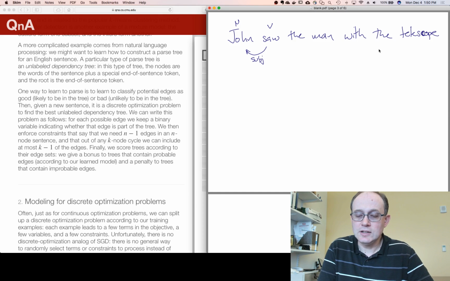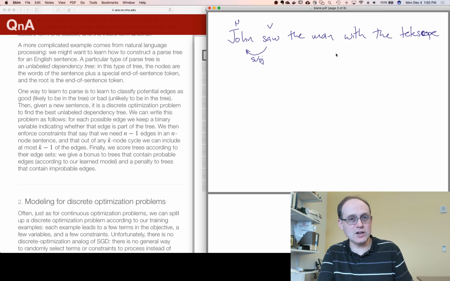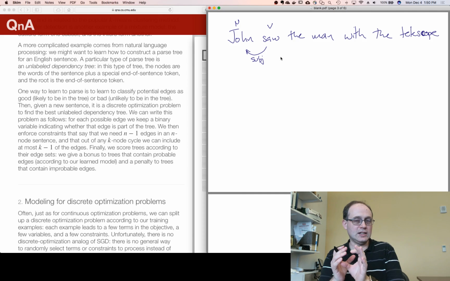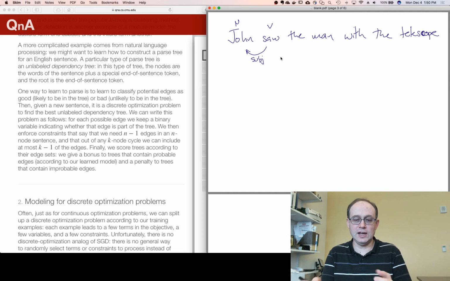And to do this, you would have to disambiguate between at least 2 different possible parse trees, right? So you can see a man who is carrying a telescope, right? That's John saw the man with the telescope, or you could see John could be using a telescope to see a man who's far away, right? And so that's John saw the man, and the seeing is with the telescope, right?